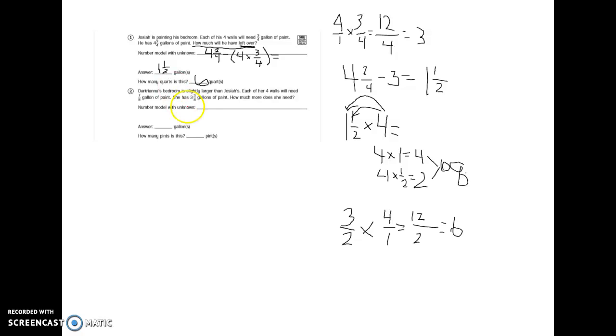So this one's going to be a little different because I know that she's going to need more than what she already has. So there is going to be subtraction involved, except this time I'm going to start with what she needs, which is going to be 4 times 7/8.